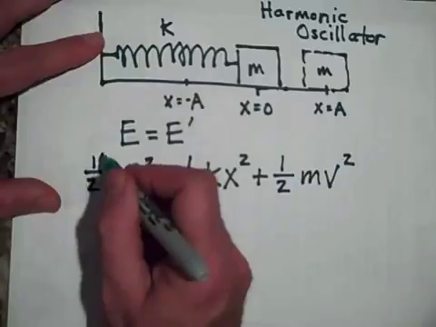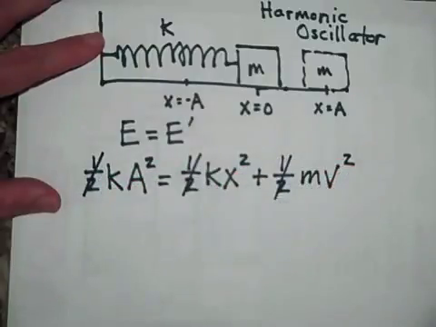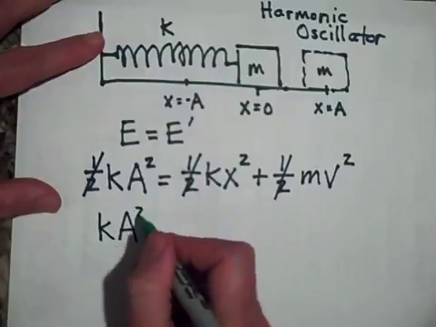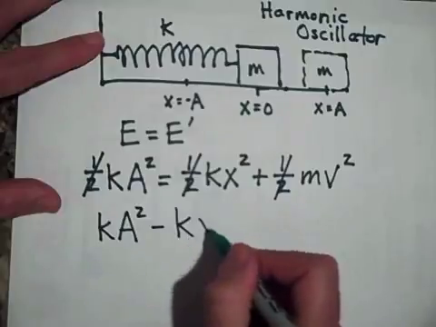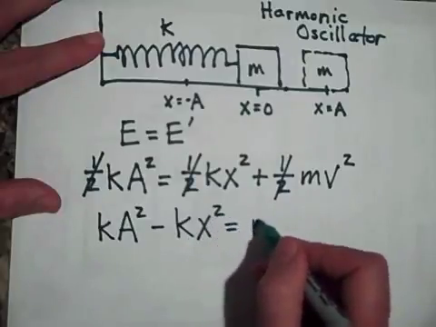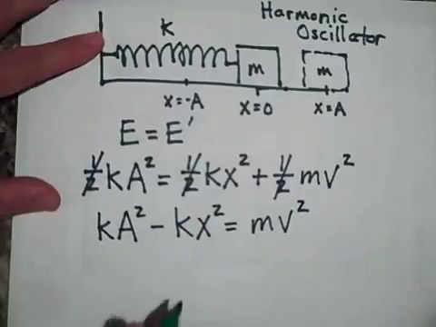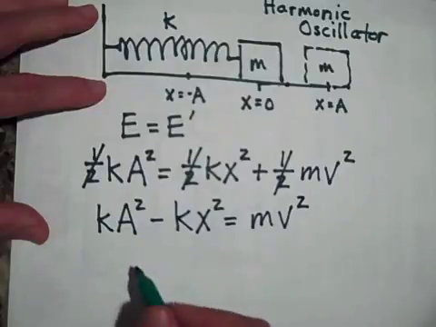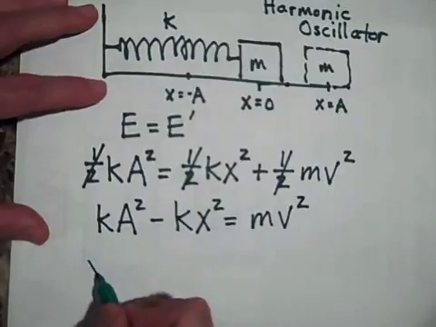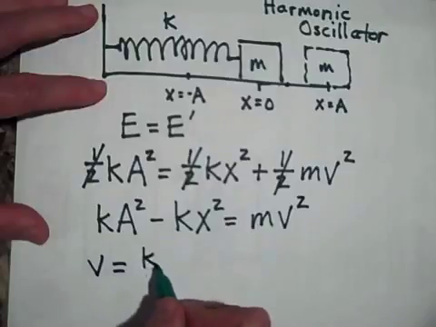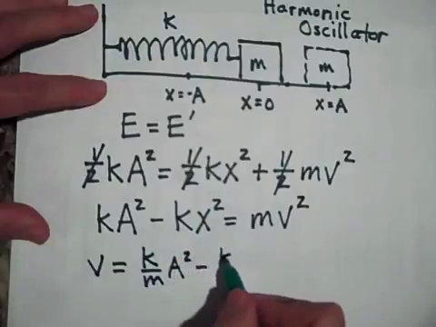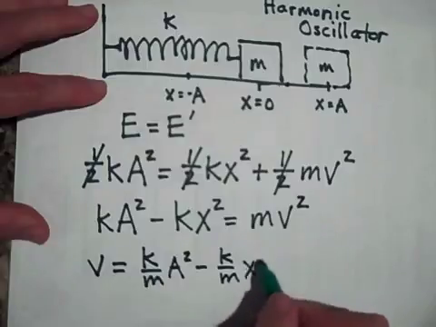Let's get rid of the half, and let me bring this to the other side. So k A squared minus k x squared is equal to m v squared. Then I'll bring the m to the other side and take the square root. That gives me v equals the square root of k over m A squared minus k over m x squared.